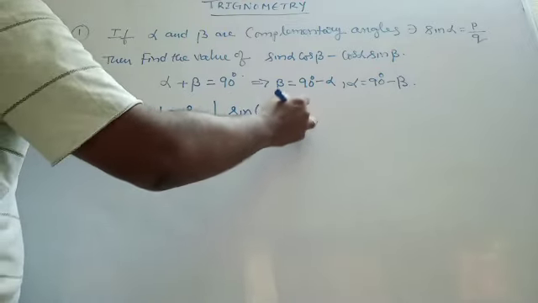You know that, right? Of course, very easily. And from this sine alpha, we want cos alpha. Cos alpha is equal to root over q square minus p square by q, right? Adjacent side by hypotenuse. That is what cos alpha we have got here.